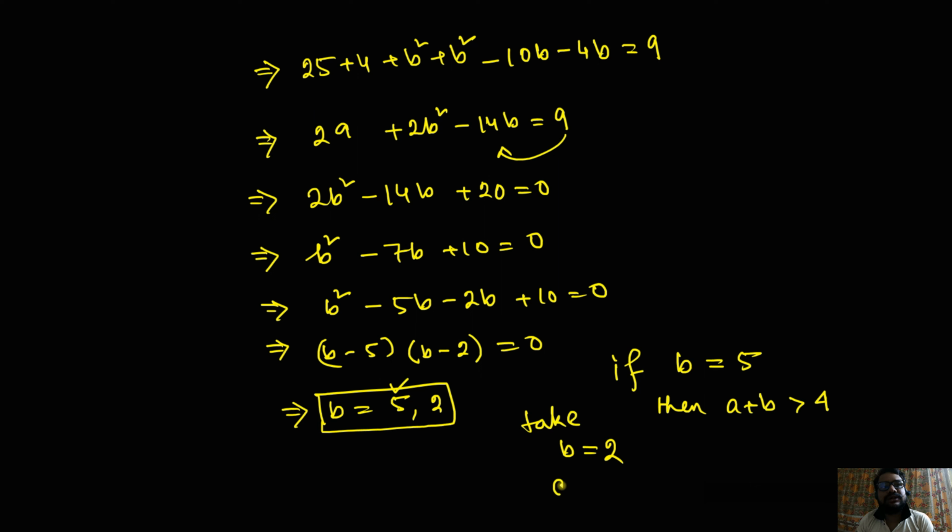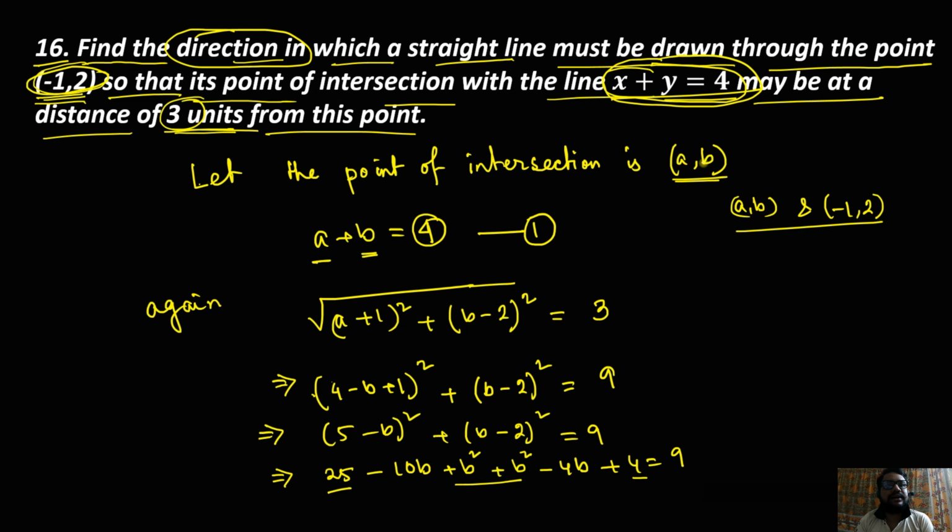Taking b equal to 2, a equal to 4 minus b, that means 4 minus 2 equal to 2. That means we have got the point a comma b, that is 2 comma 2. The point of intersection is 2 comma 2.